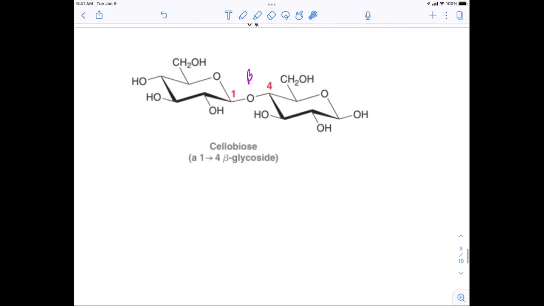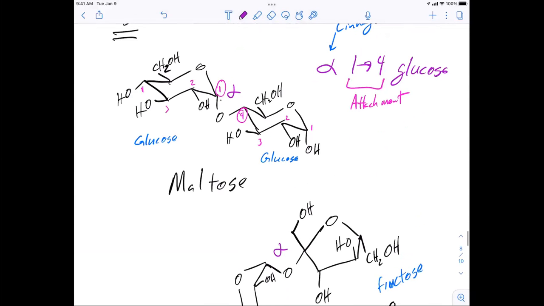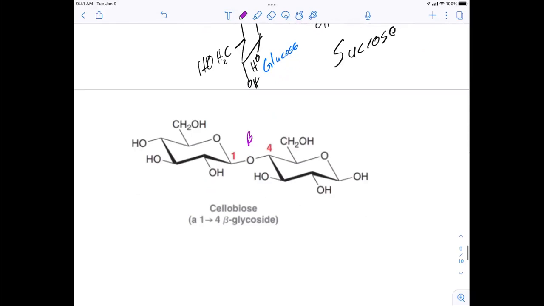If we compare that, and again, this is a glycoside, so it's 2 glucose molecules, to the one above, the maltose, what's the big difference between the two? Well, one of them has the beta and the other one has the alpha.